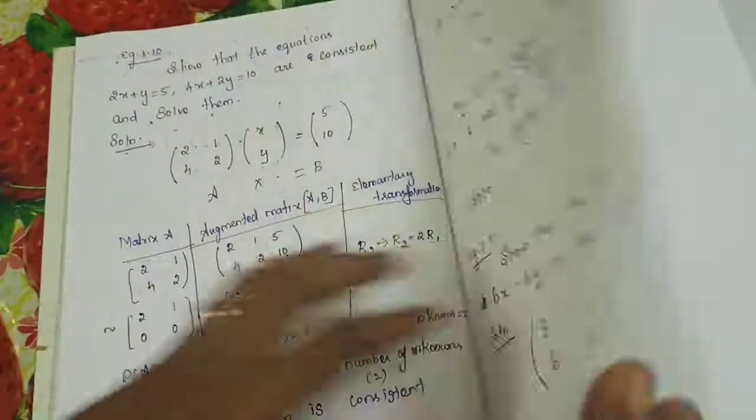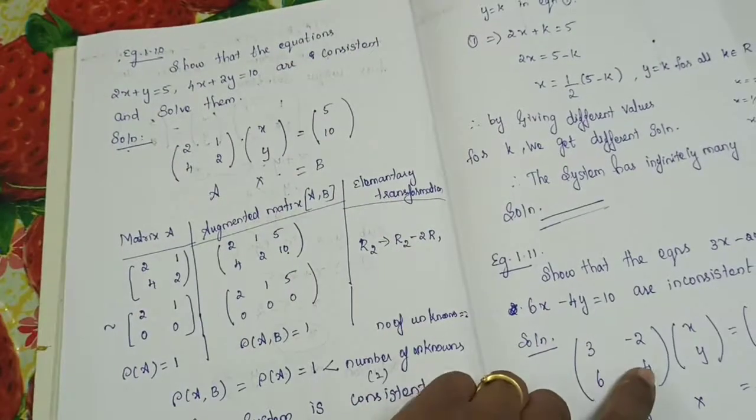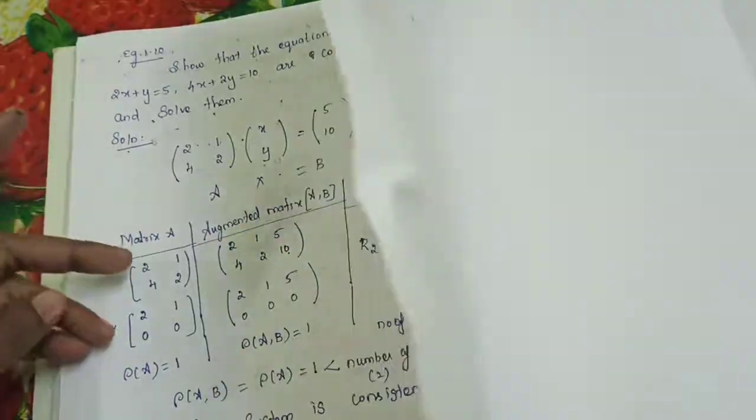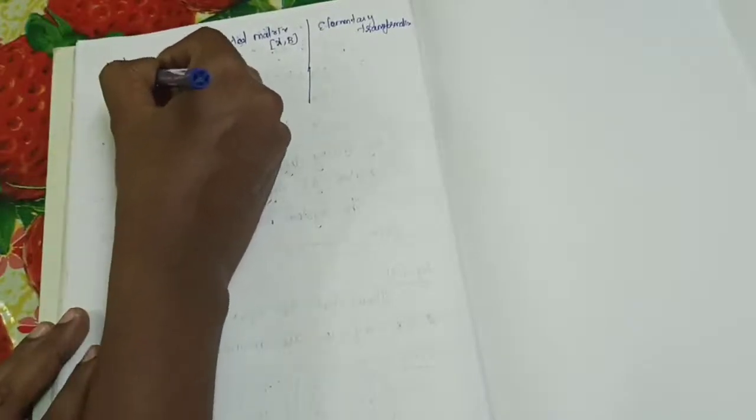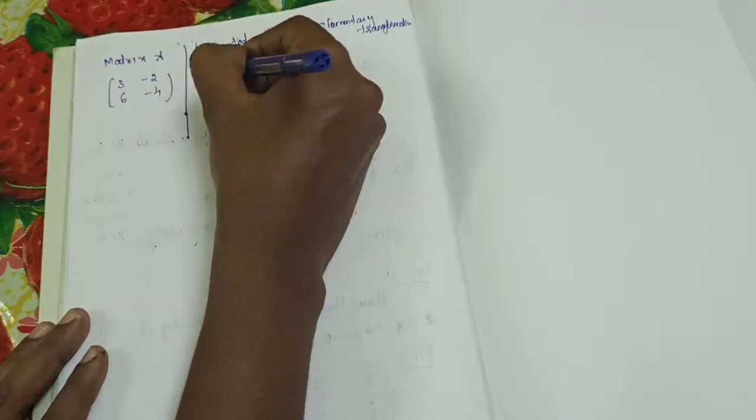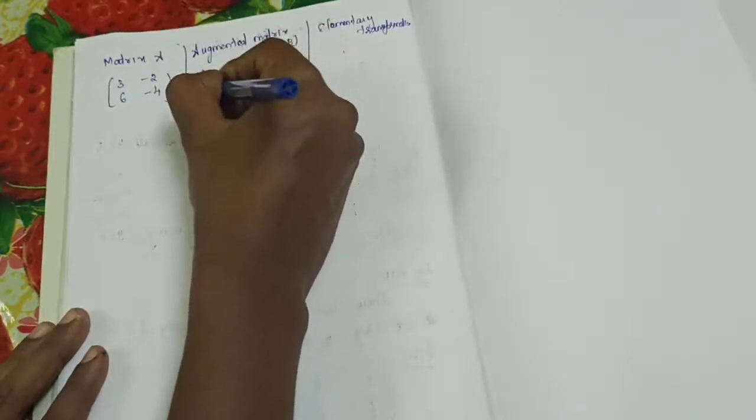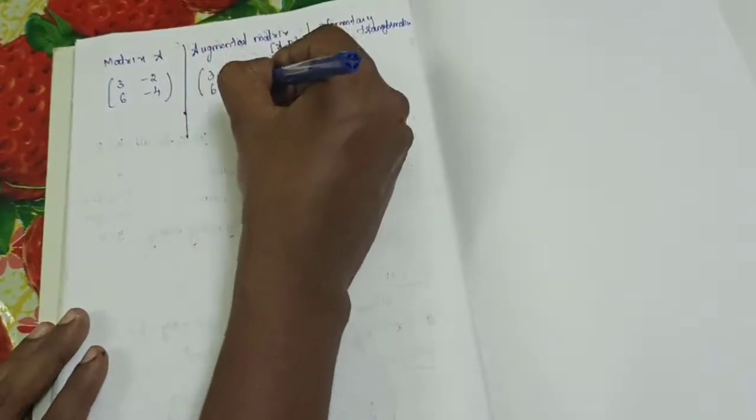First I am going to write the matrix A: 3, minus 2, 6, minus 4. Then the augmented matrix: 3, minus 2, 6; 6, minus 4, 10.